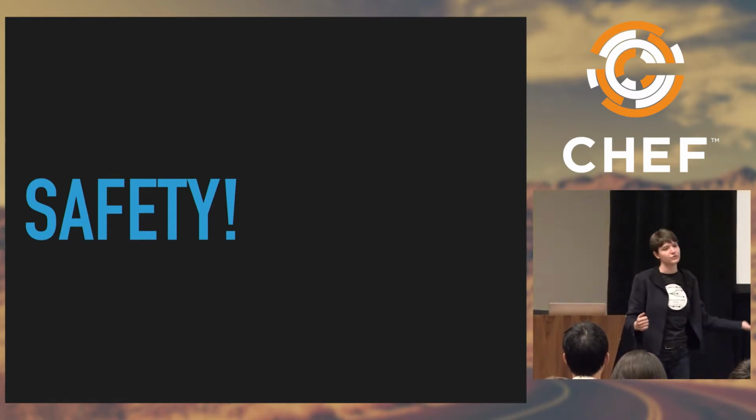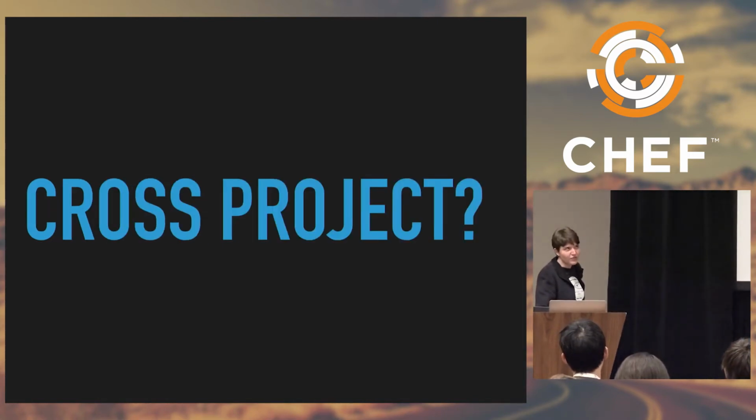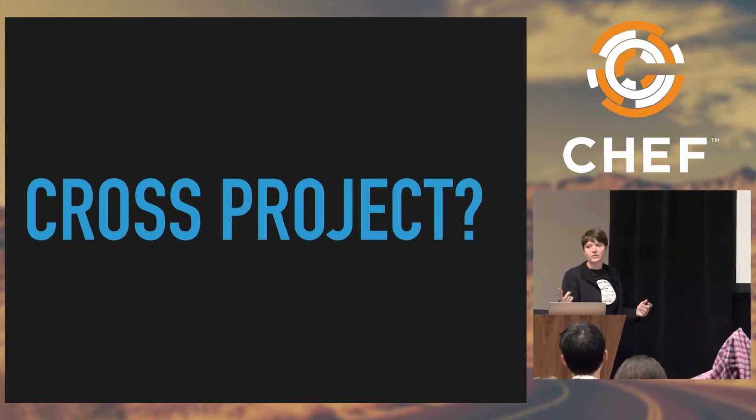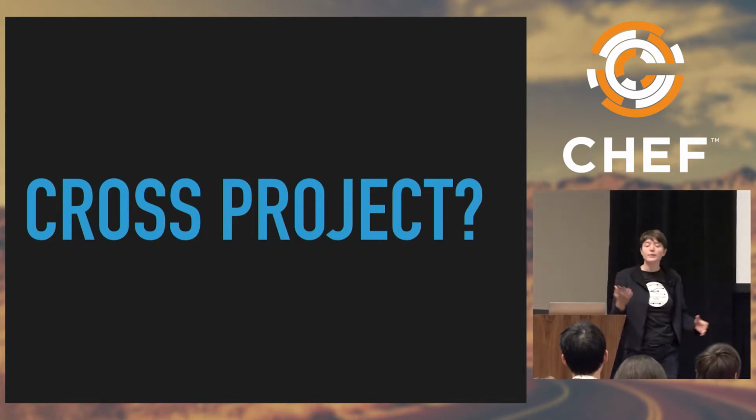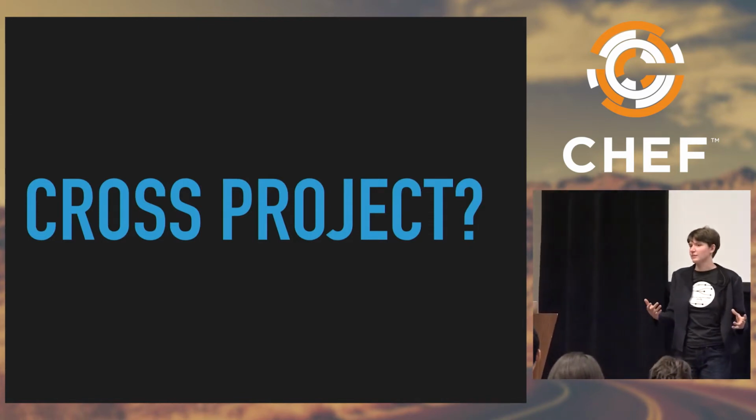We go through all these hoops to make sure that our changes are safe to ship, that we're not scared to push them to production. But all the things I just talked about are for one single project, right? You might get lucky. You might catch cross-project dependencies in acceptance.